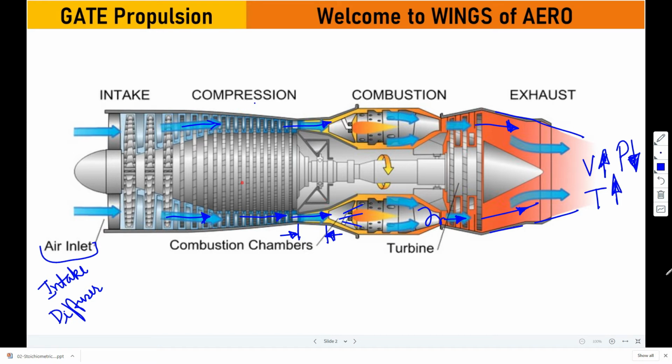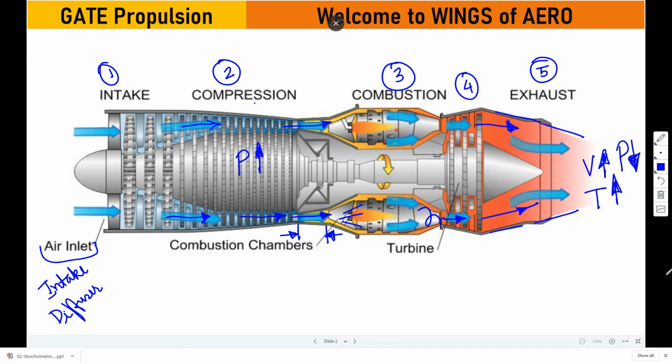Now, to understand how these processes occur among all the stages: the first is the intake, then the compressor, the combustion chamber, the fourth one is the turbine, and the fifth one let's consider as the nozzle. The compressor is the place where we will have the highest peak of pressure, and this pressure is carried into the combustion chamber.